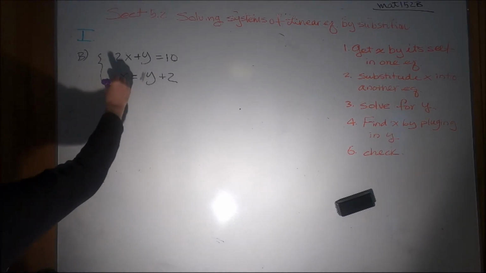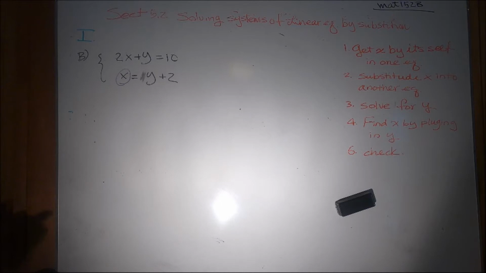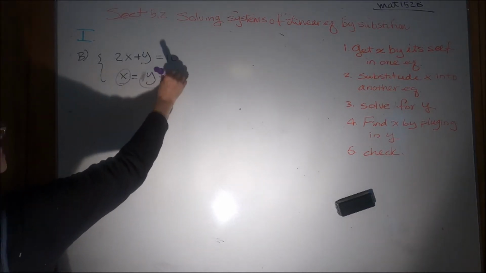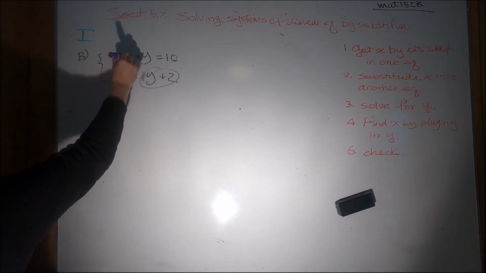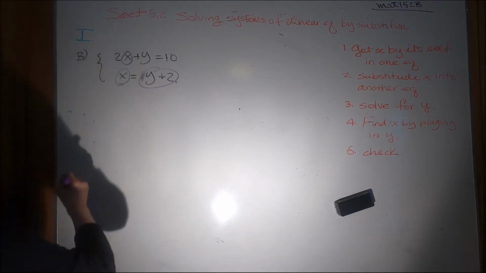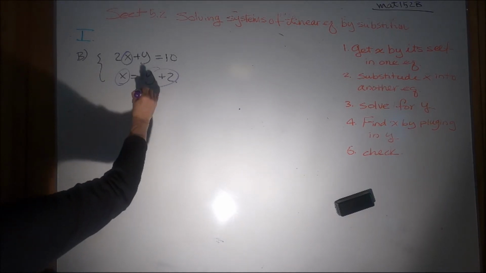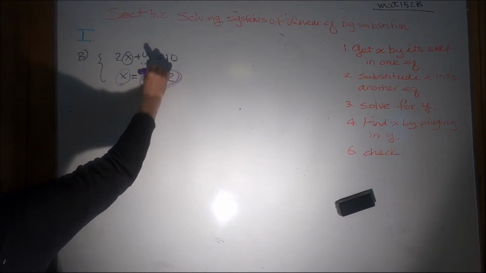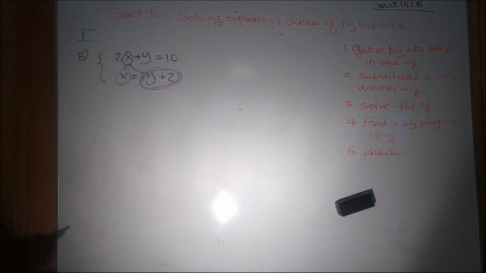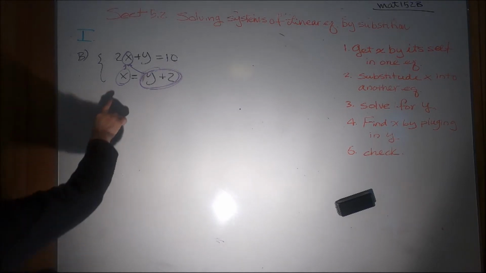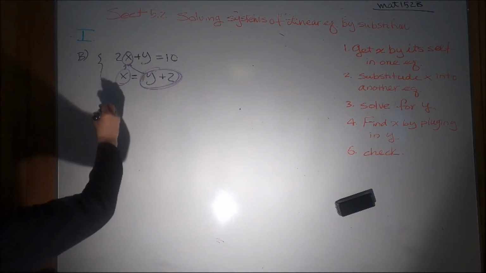So if I can get one variable by itself, say get x by itself, it says x is equal to this, so they are the same. So we can replace x by the equivalent thing, then you move into that place. Then see what will happen. First one is 2x, right?